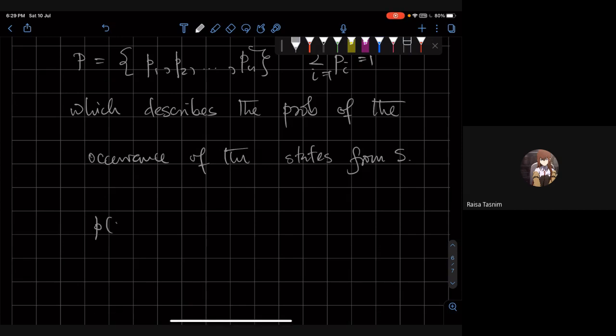The probability that the state psi i is going to appear is Pi. So essentially, S is basically a random variable, and the random variable can take the values of the states. And P is the probability distribution, which determines the probability distribution of the random variable. Okay, is that clear?